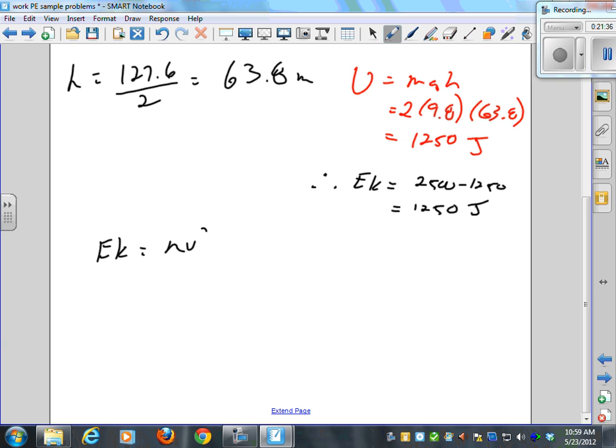EK equals mv squared over 2, so 1250 equals 2v squared over 2. Do you have a funny feeling that v squared is going to mess things up? Yeah. The velocity comes out to 35.35.